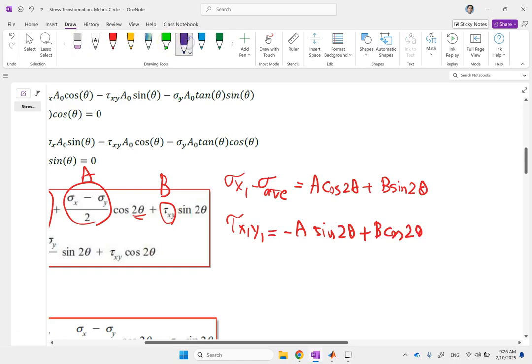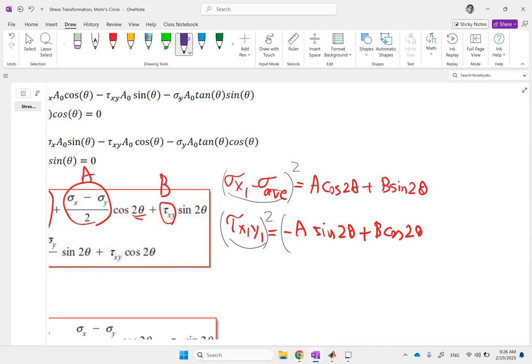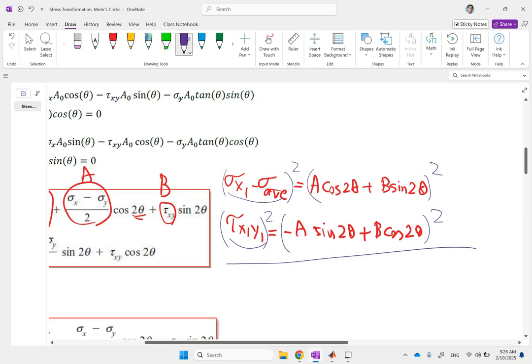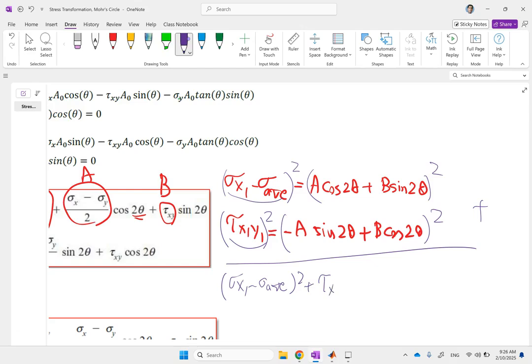Now, this is my x-axis, this is my y-axis in that Mohr circle. So all I need is to square them, and if I do that and then add them together, you'll see that sigma x1 minus sigma average squared plus tau x1y1 squared is going to be these guys squared.